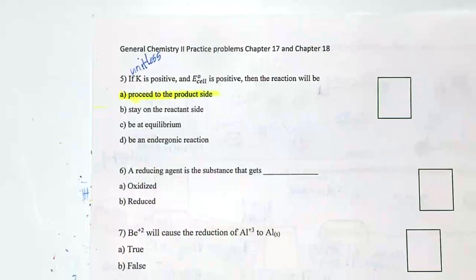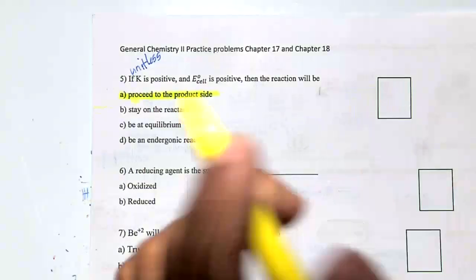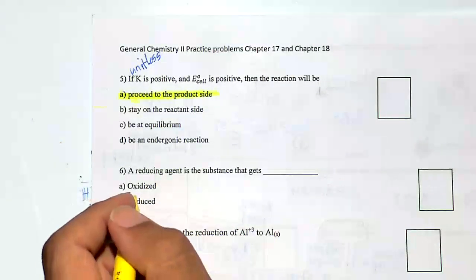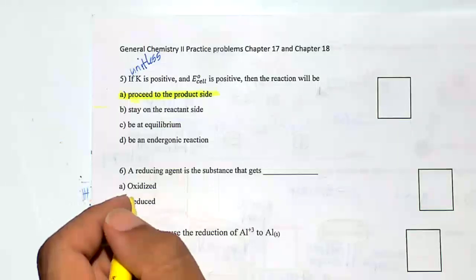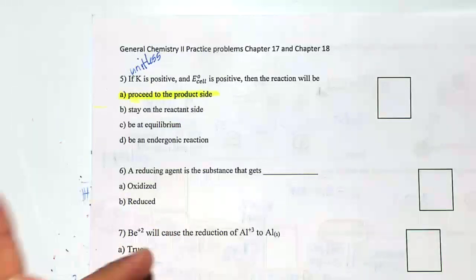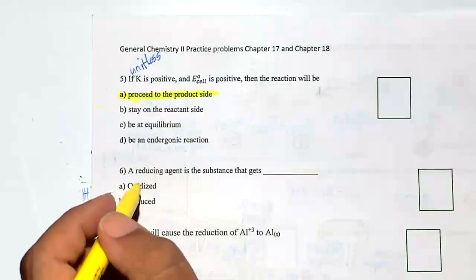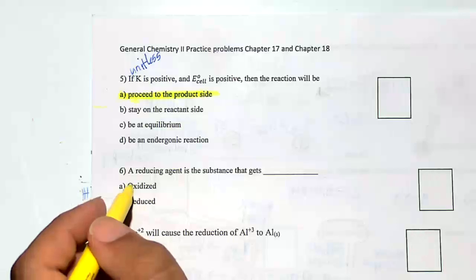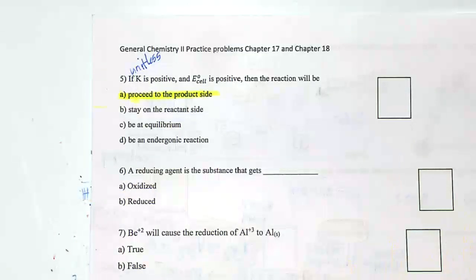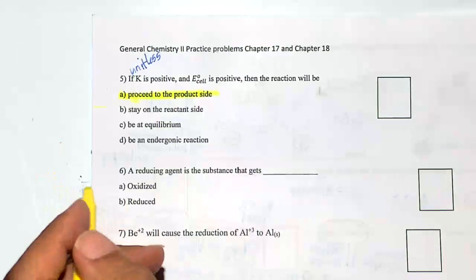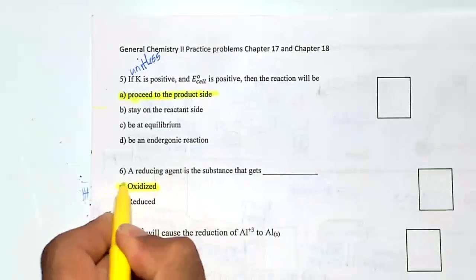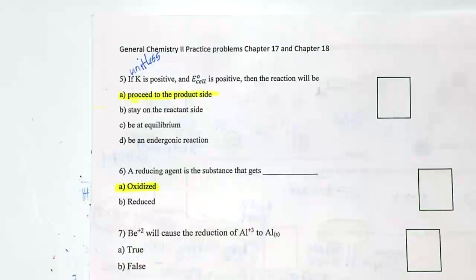All right, we talked about this in question number 6 with Marina. A reducing agent is a substance that gets oxidized. She is the agent that caused my oxidation, right? Now I'm getting confused with the backwardness. A reducing agent is the agent that caused my oxidation. So the reducing agent becomes oxidized.